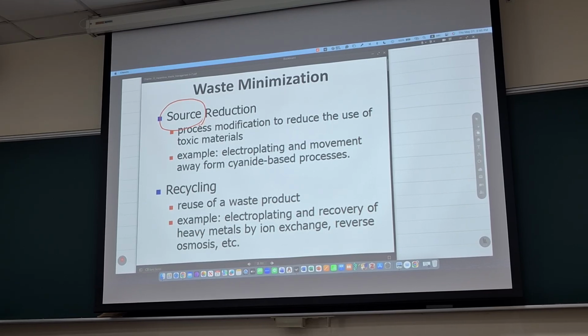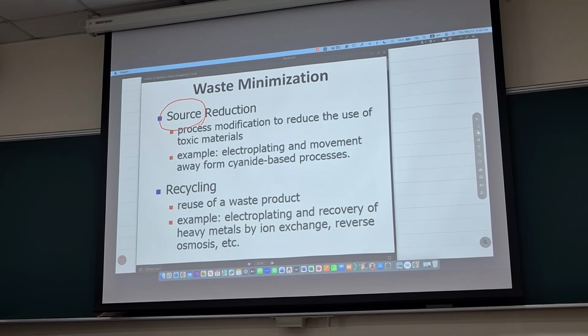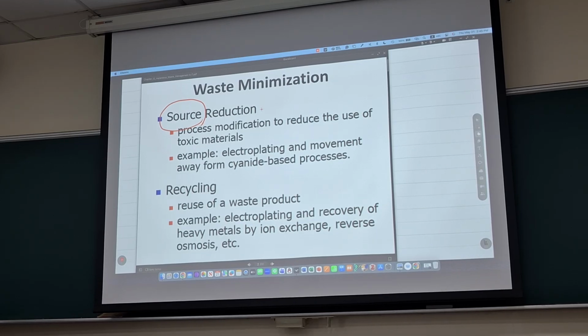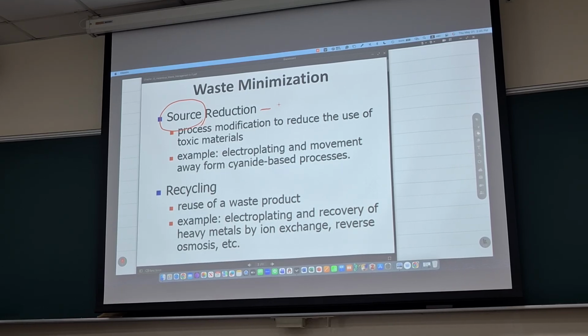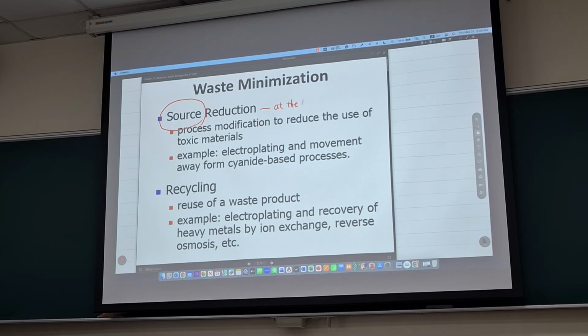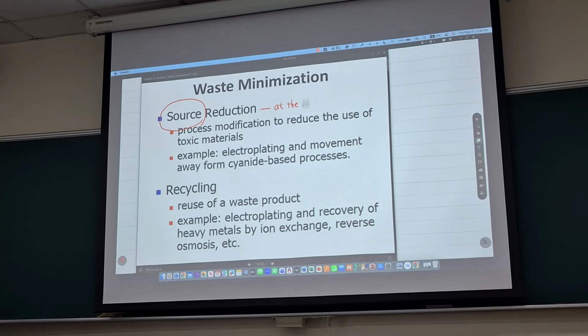If you reduce from the source, you will reduce the amount of waste. So source reduction actually is reducing waste at the beginning of the process.